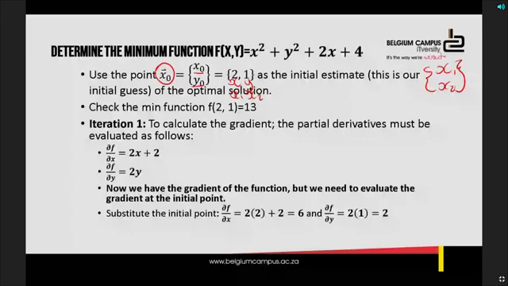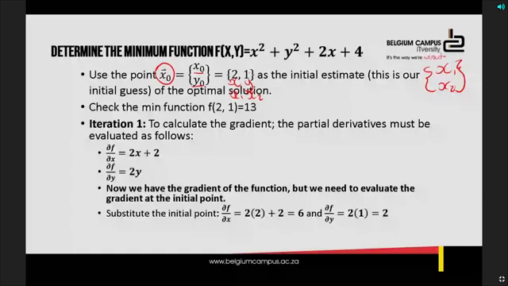Okay, step number 1. For this, we need to first check what is happening to our z value, our function value. What you're first going to do before anything else is substitute these coordinates into your function itself to check what is the value.